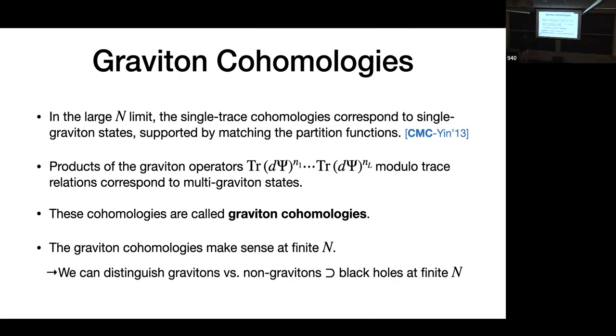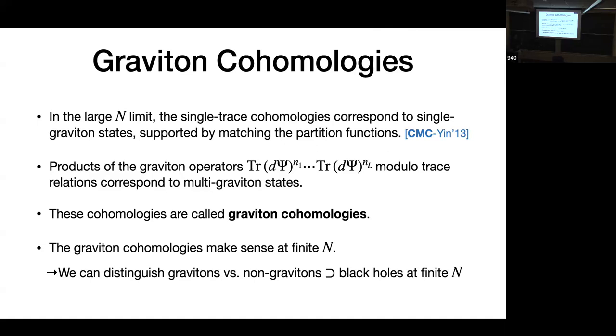We can now consider products of the graviton operators, for example, like this. Now let's consider finite N. If you consider products at finite N, there could be some trace relations, but we can simply consider them modulo potential trace relations, and they correspond to multi-graviton states in the large N limit.